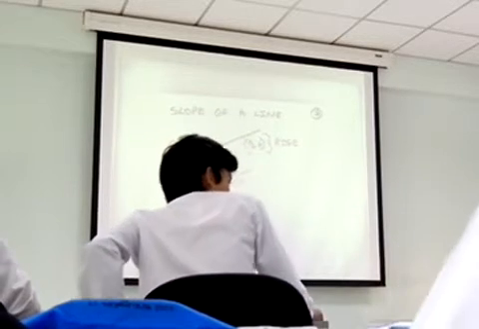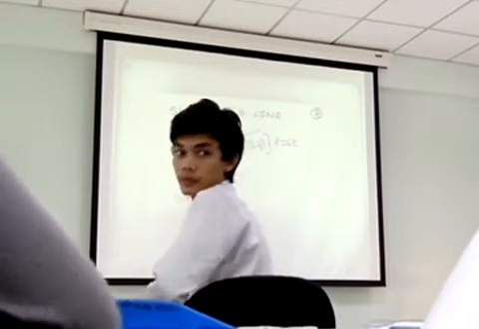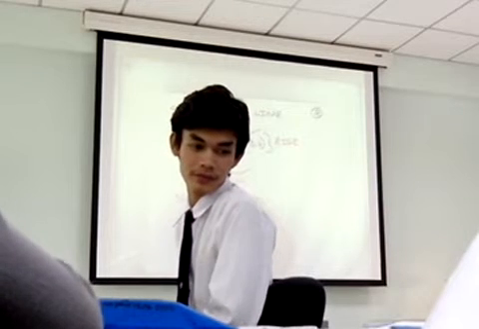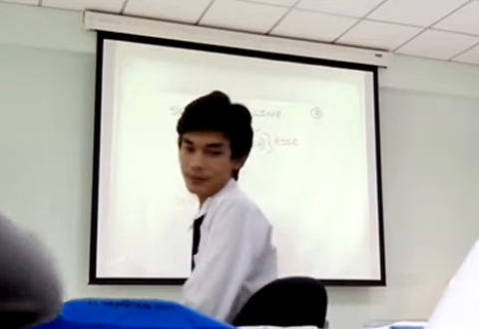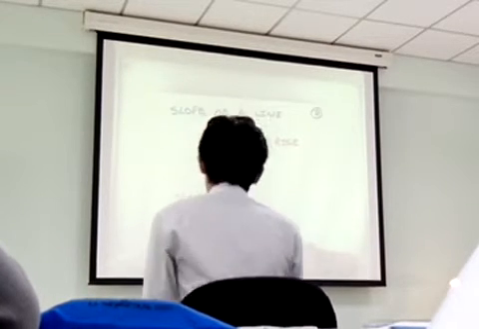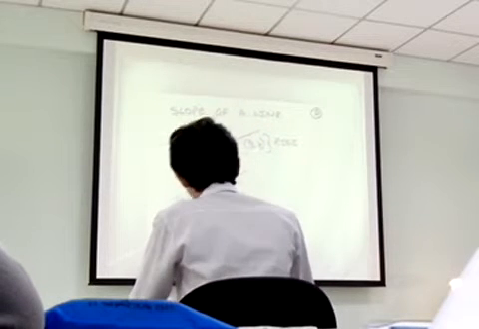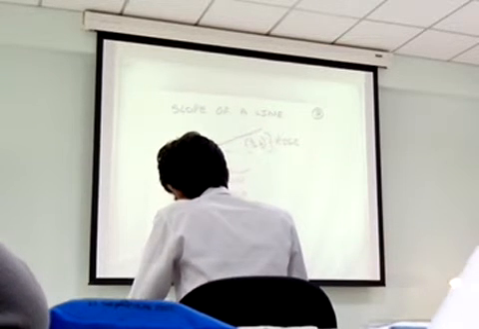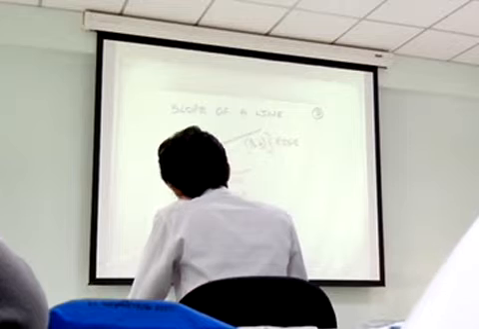And very simply, the slope is the amount you've gone up, which is the rise, divided by the amount that you've gone across, which is the run.